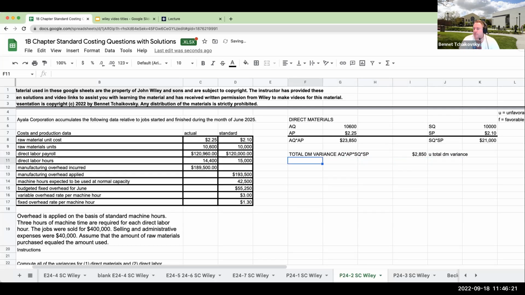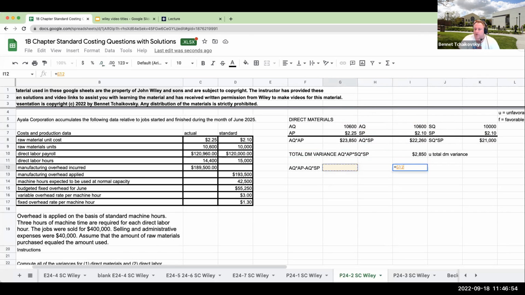Now, to further isolate the variance, I'm going to pull in my actual quantity and look at the standard price. My actual quantity was 10,600 and my standard price was 2.10, so this gives me 22,260. When I take what I actually spent minus this middle value, the actual quantity times the standard price, I'm leaving quantity constant, so I'm focused on price.